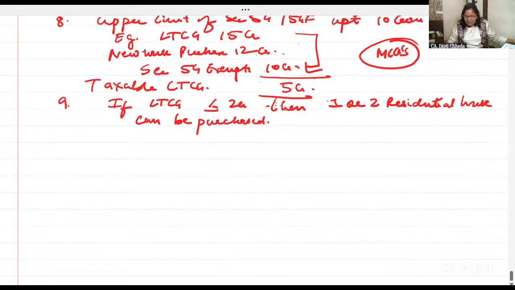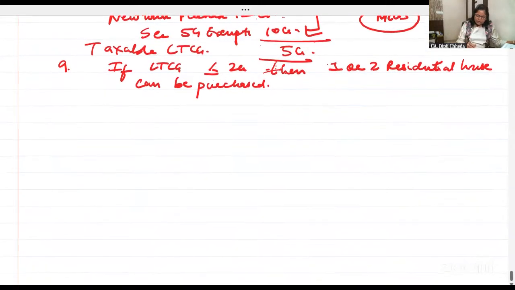Sell the house and you can buy 1 or 2 residential houses. This is one concept.